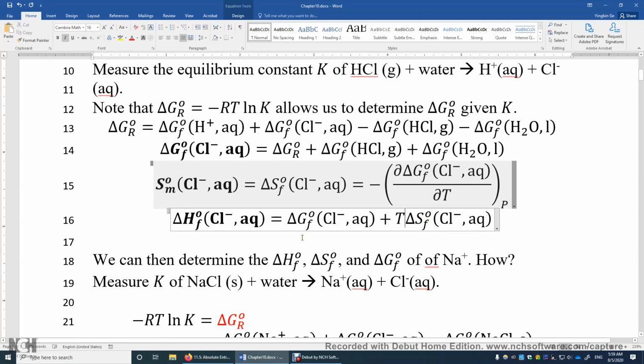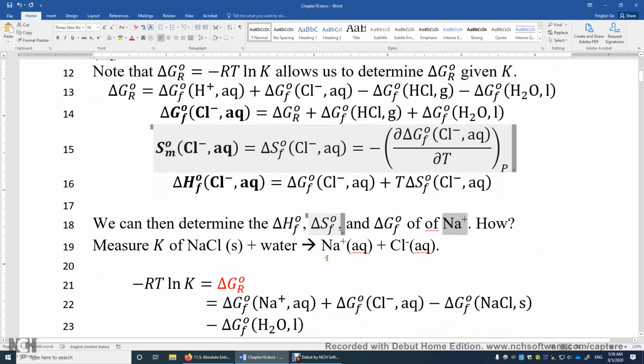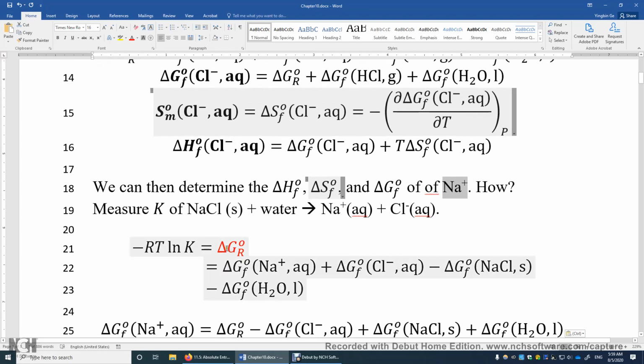If we get the Gibbs energy, entropy, and enthalpy for Cl-, we can now deal with Na+ or other cations. Why? Now we design another chemical reaction that involves Na+ and Cl-, and we use the same algorithm. This time, the Gibbs energy of reaction is equal to, again, the products, Na+ and Cl-, minus the reactants.